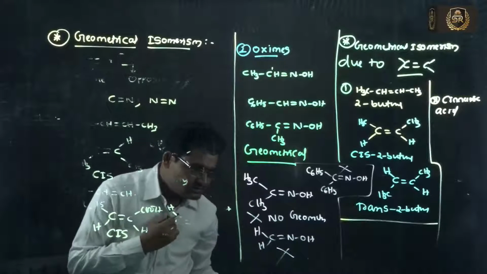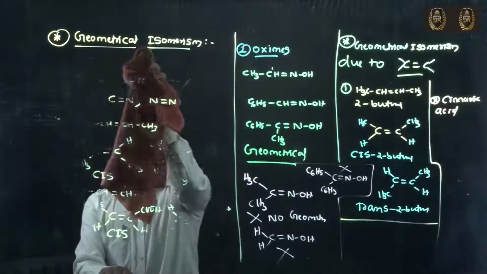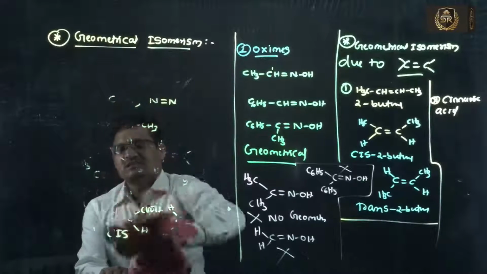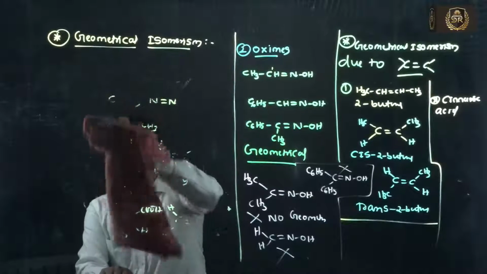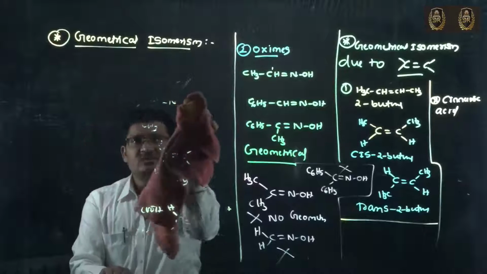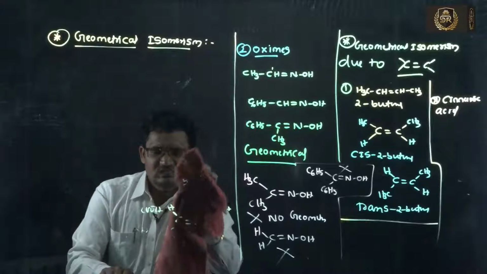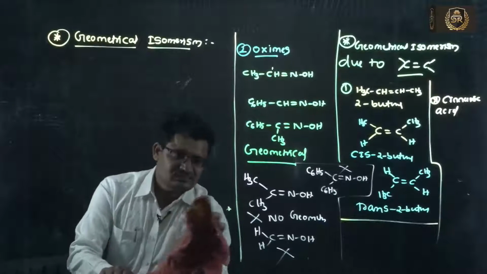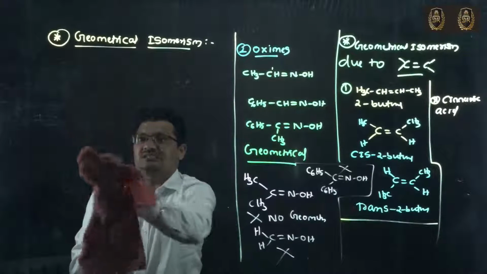The cinnamic acid formula is C6H5 CH double bond CH COOH. This is cinnamic acid.